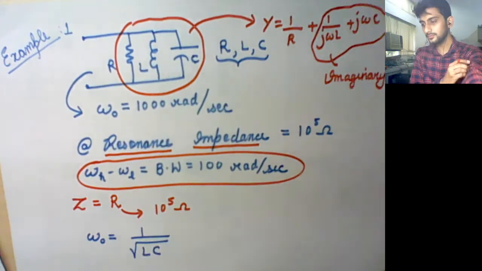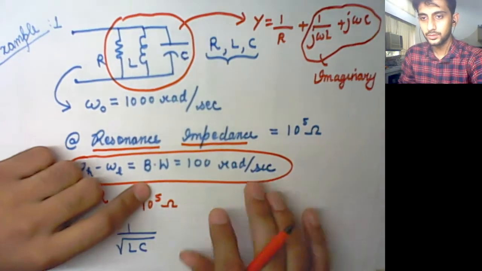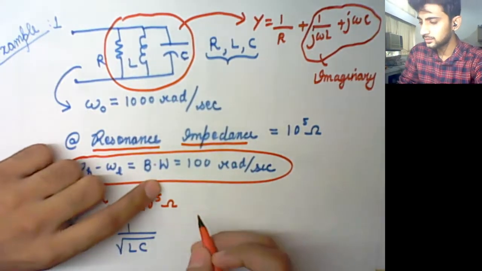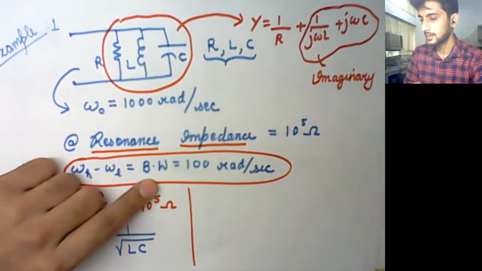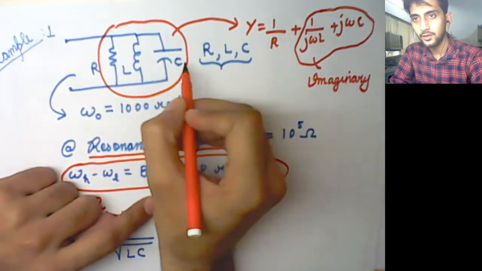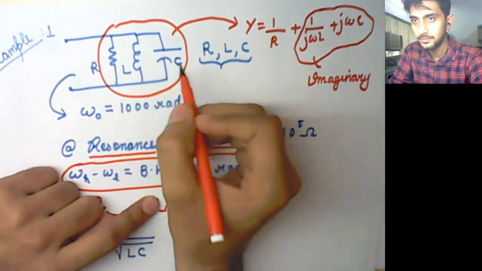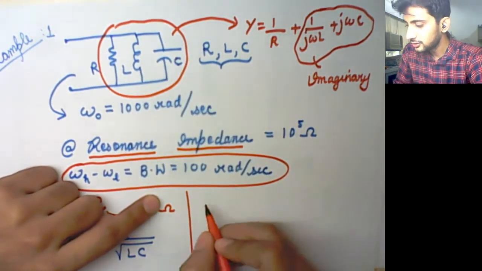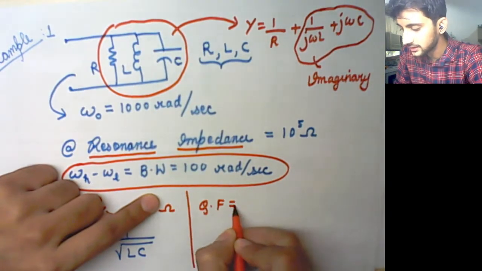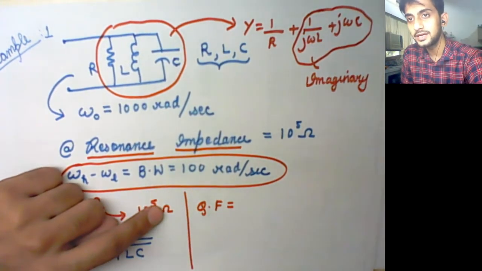Let me first tell you that for such circuits in which you have R, L, and C all in parallel, what is the value of the quality factor?